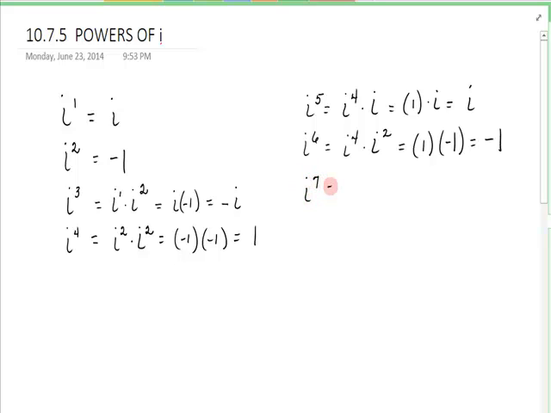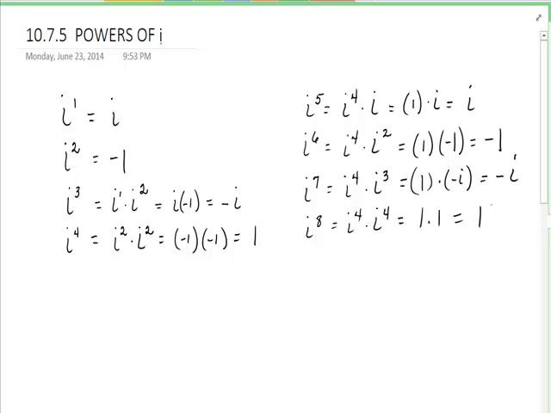I to the seventh, I'm going to call it i to the fourth times i to the third. I to the fourth is 1. I to the third is -i. So that's -i. I to the eighth could be called i to the fourth times i to the fourth, which is 1 times 1, which is 1.